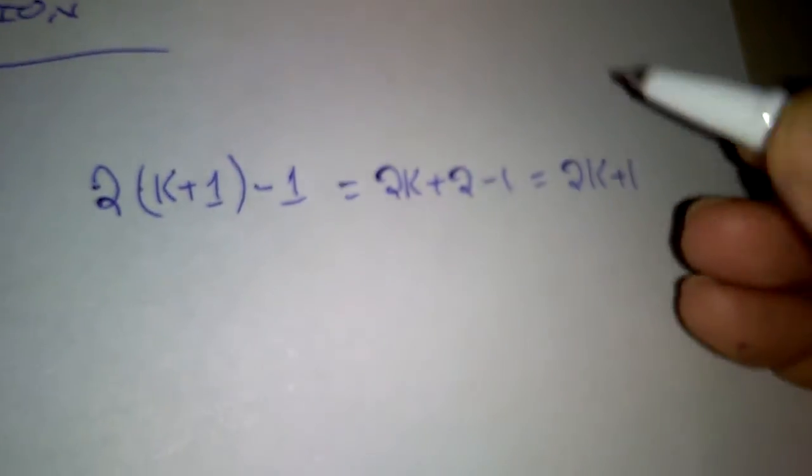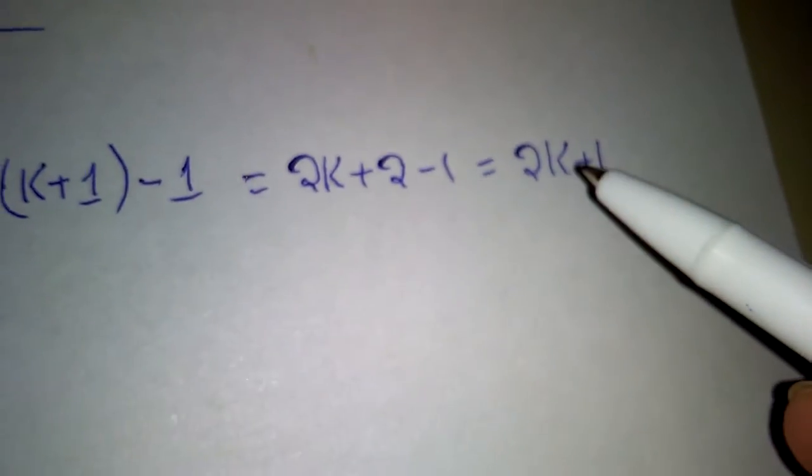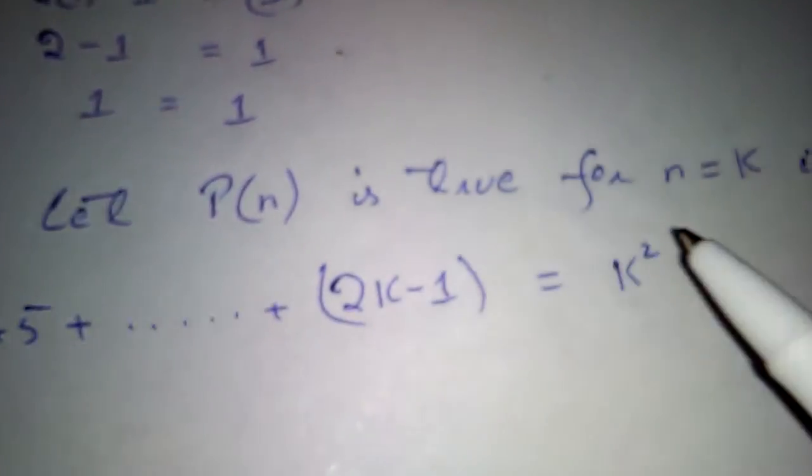So this is something which is equivalent to this. Okay, so I have to add this value at both sides of this series equation.